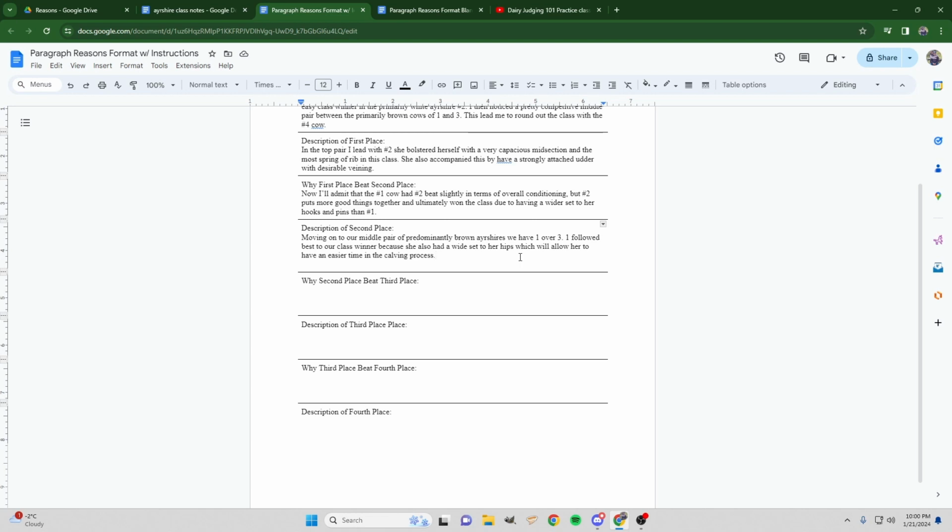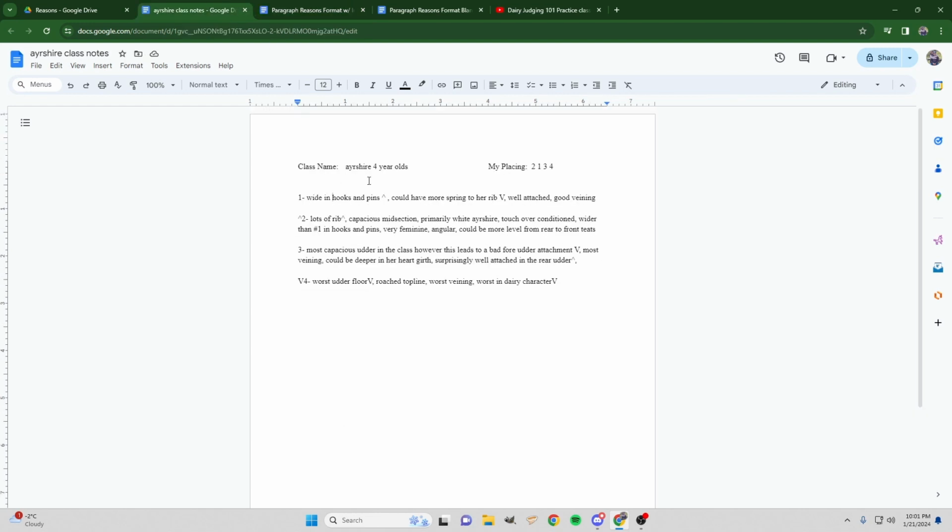If a cow can't produce a calf, then she will not milk. And the best way for her to produce a calf is naturally. We want to have as little interference from a farmer or vet as we possibly can. So when I say 1 followed best to our class winner because she also had a wide set to her hips, which will allow her to have an easier time in the calving process, this means she is the easier keeping cow of the pair.